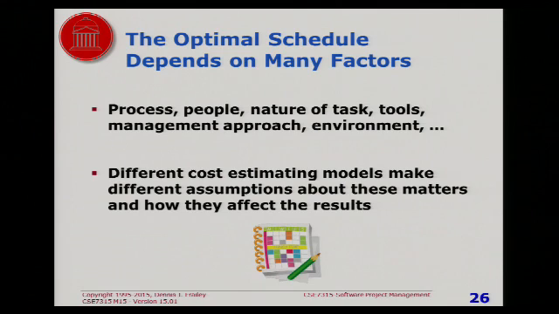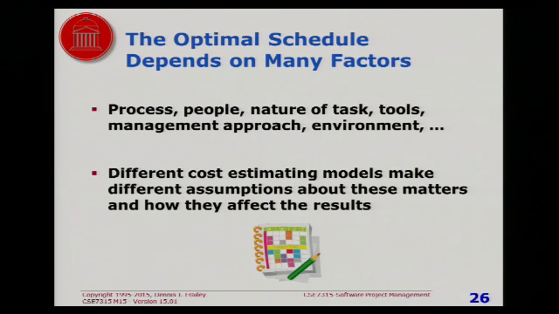All right, now what is the optimal schedule? Well, it depends on many, many factors. And the way people figure out the optimal schedule is they look at data from real projects. So if you had an organization and had done a number of software projects, you would collect data from a bunch of those projects, and by analyzing the data, you would conclude this is what the optimal schedule would be for such and such size project.